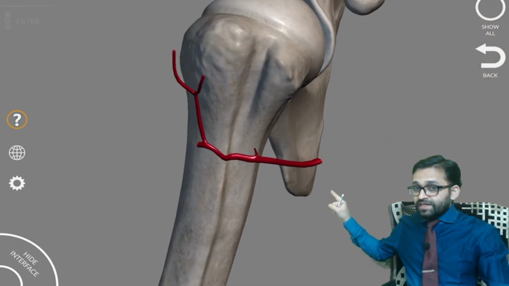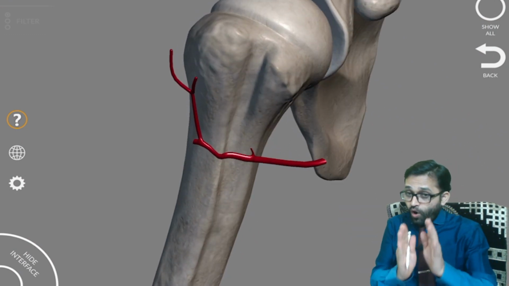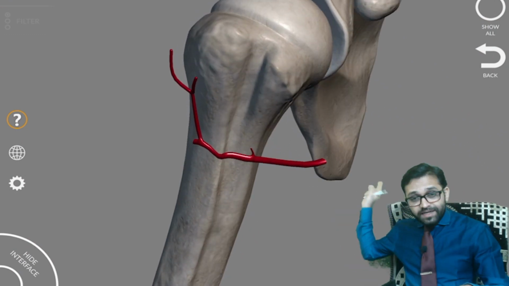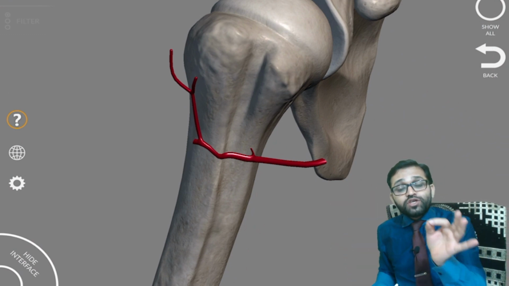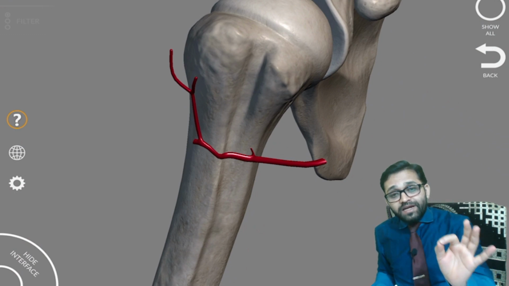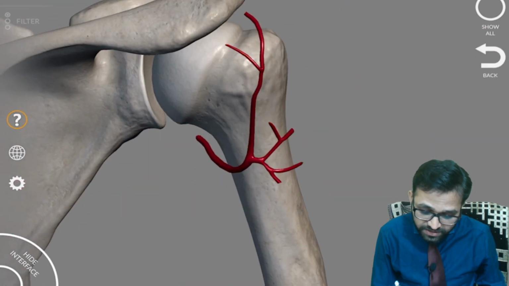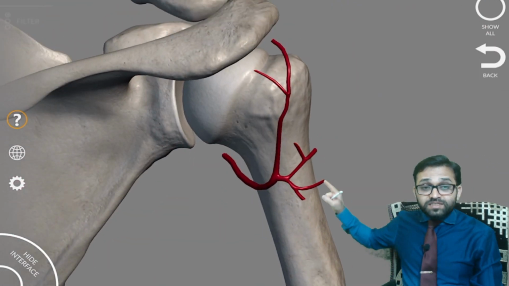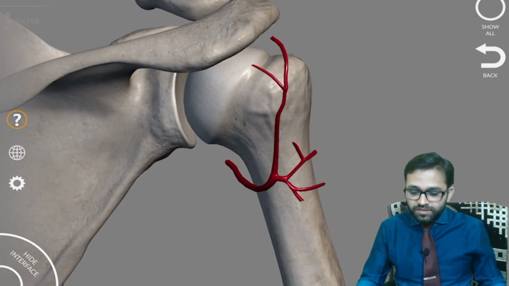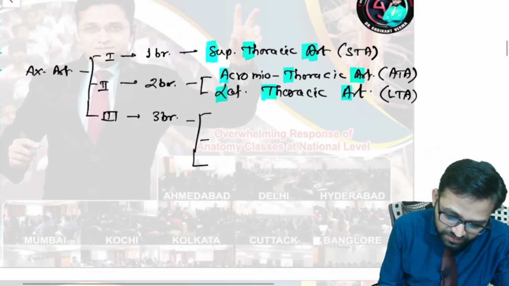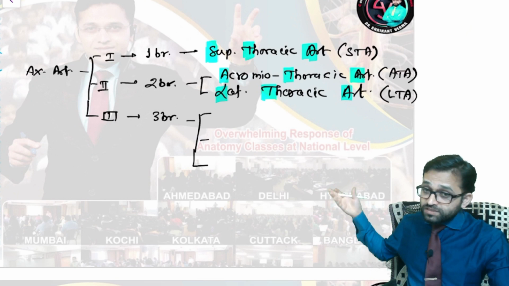Can you focus on this branch? This is the branch of the axillary artery which is related to the surgical neck of the humerus and running from the anterior side. It has a winding circular course, that's why circumflex, in close relation to the humerus, that's why humeral artery. Yes, it is our anterior circumflex humeral artery. And this particular artery is running from the posterior side, winding, that's why it is the posterior circumflex humeral artery. The last one, the largest, runs in the subscapular fossa, the subscapular artery.